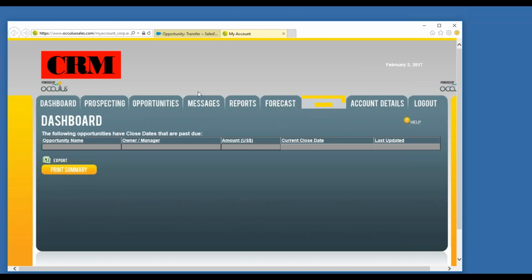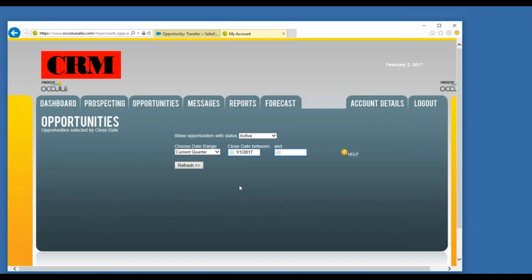So we're in Occulus now, and you'll notice, where's my opportunity? Remember that Occulus is close date centric. So the opportunities that are displayed here are ones that are scheduled or forecast to close in this quarter.